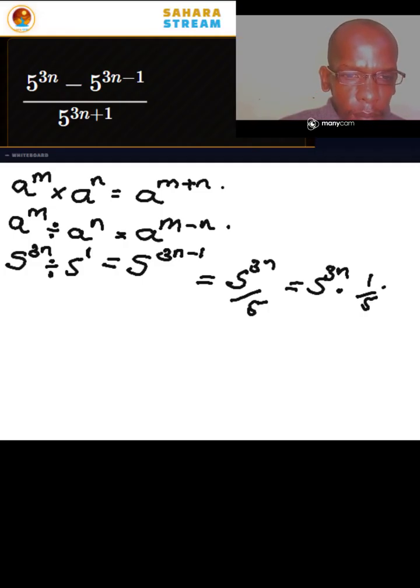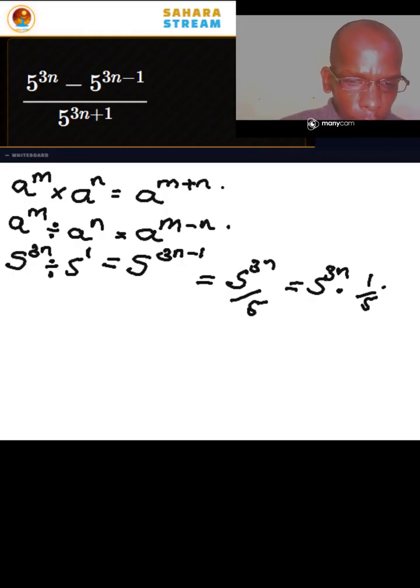And we are done with this first part here. But you see, we also had our 5 raised to power 3n. Before we combine them, which will now form the numerator, we can sort out the denominator, where we have 5 raised to power 3n plus 1. If you check the product rule, they have given us this side where 3n is the m and 1 is the n, and 5 is the base, a.